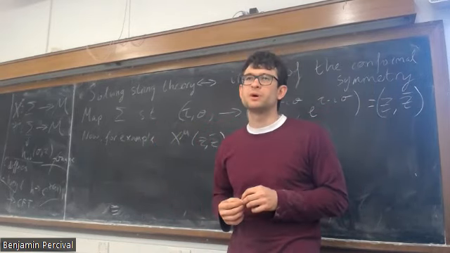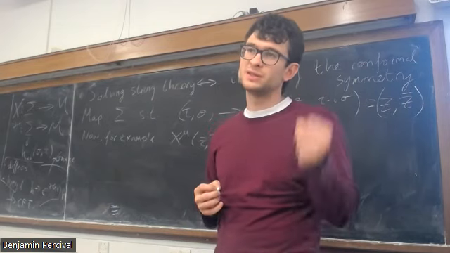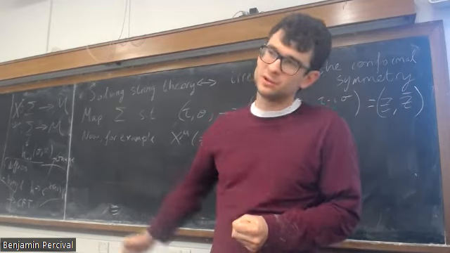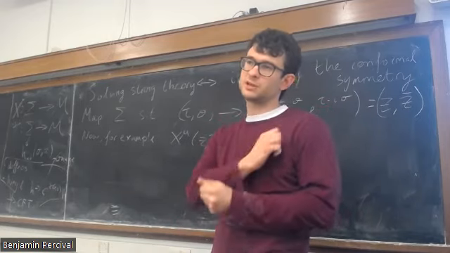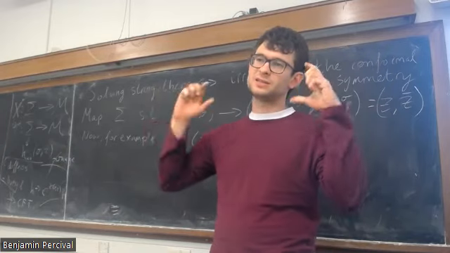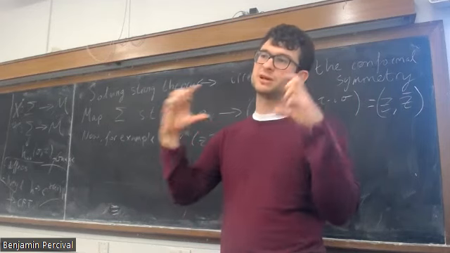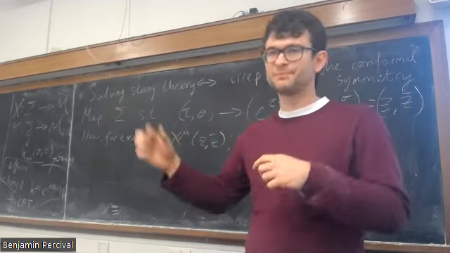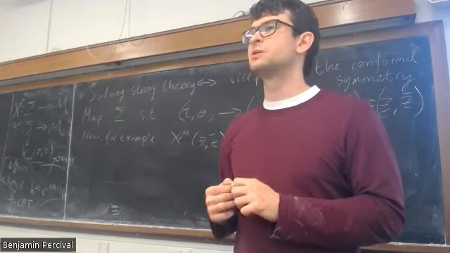But one way you can do it is to fix a gauge at the start, and then look at the theory and try and quantize it. So you'd look at your fields, expand them in modes, and then take Dirac commutators or whatever of the modes, and then follow the standard procedure in some sense.